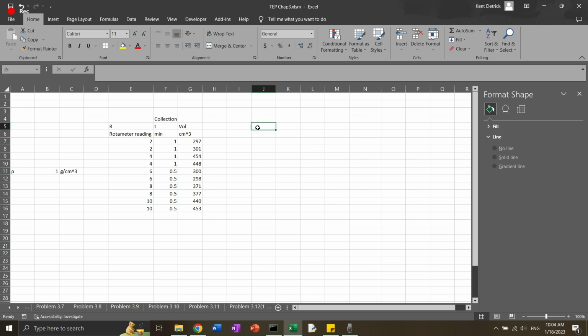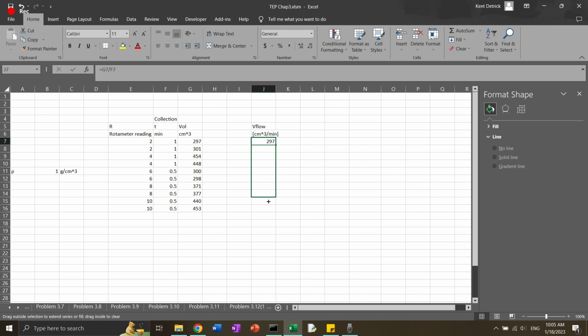Okay, so our V flow rate will be in centimeters cubed per minute, and that is the amount of volume that we collected divided by the amount of time it took to collect the sample.